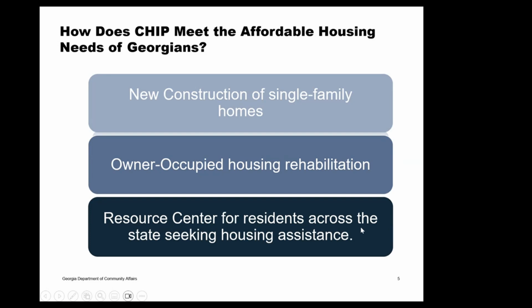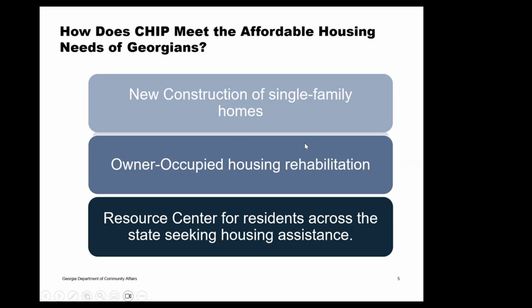We have an email on our webpage, chip@dca.ga.gov, and most of the homebuyers or homeowners seeking assistance will contact us through that email, or they may contact me directly because my name is on there.